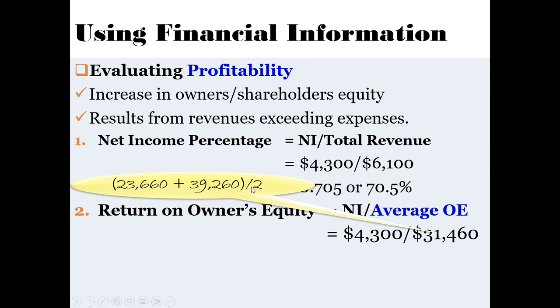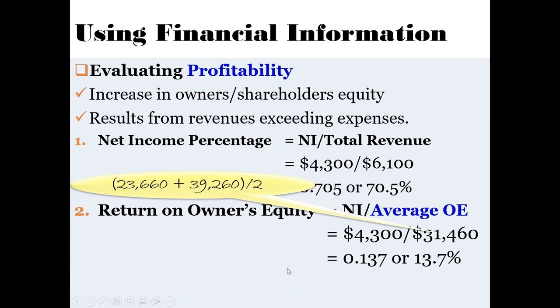And so our return on owner's equity, based on what we have here, is what do you get? 13.6, or 13.7%. That's our return on owner's equity. That's our ROE. Now remember, we are going to get into the interpretation of those. But for now, we'll just leave it there.